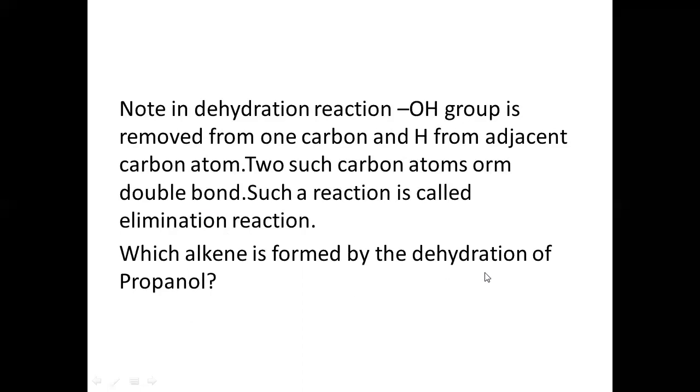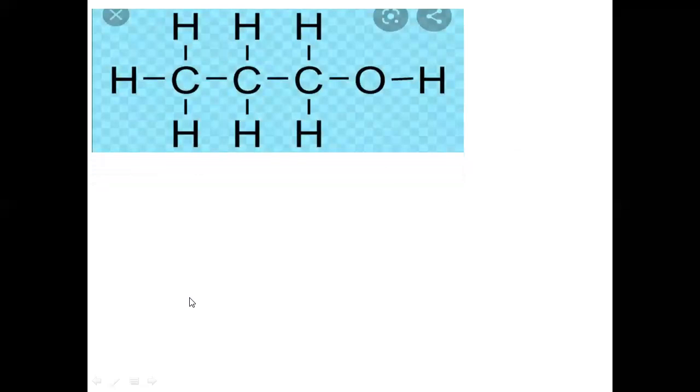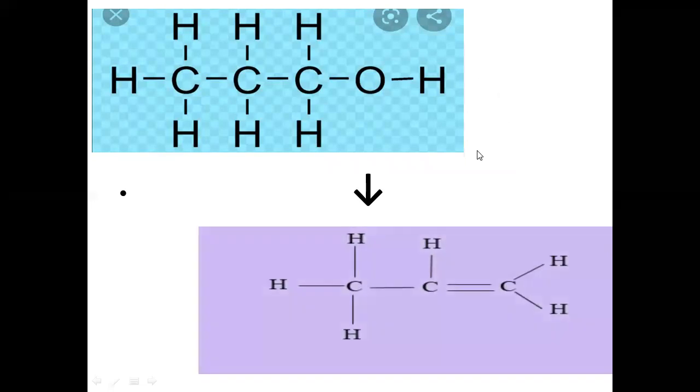Which alkene is formed by the dehydration of propanol? If you use propanol, the 3 carbon containing alcohol, then which type of alkene will form? You can see 1, 2, 3 carbon containing alcohol, because the OH group is present there, which is the functional group of alcohol. After dehydration, propanol will give us the product propene.